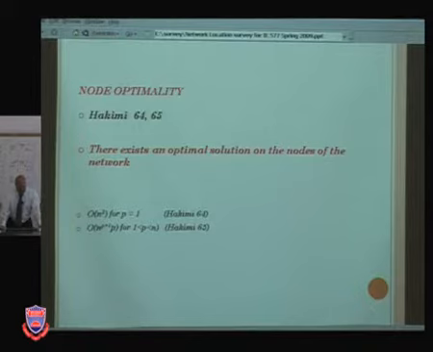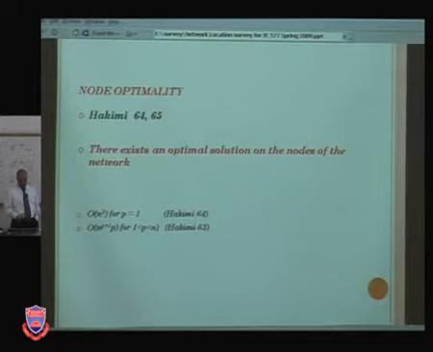That's the node optimality. And so it simply states that there always exists an optimal solution on the nodes of the network. Hakimi actually proved this for the one median case in his 64 paper, and then he also proved it for the p-median case, the general p, in his 65 paper.